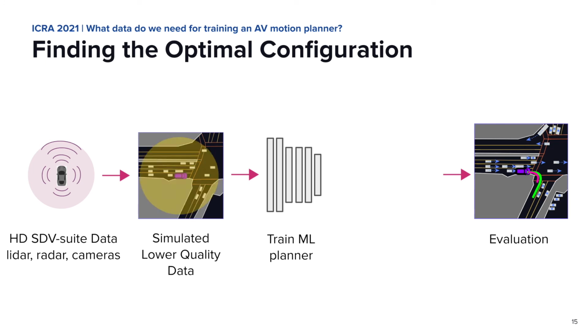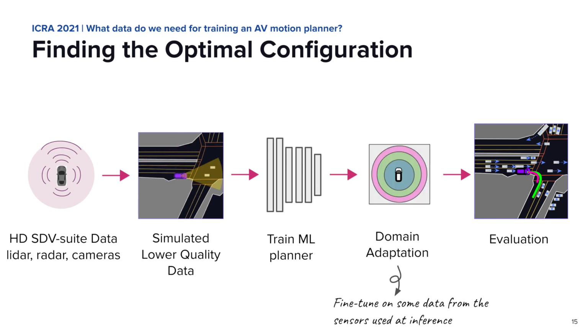To remove the domain gaps, we introduced a domain adaptation module after we trained the models from simulated low-cost sensor data. Specifically, we fine-tuned the models with a small amount of data from self-driving vehicles, so the model adapts to the data distribution from high-quality data.